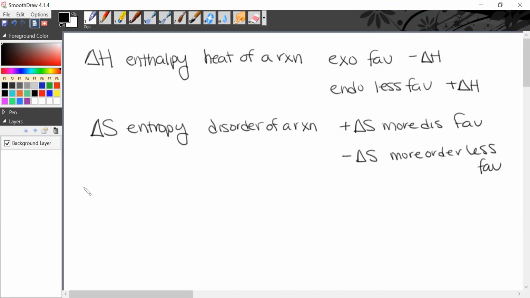The guy that figured that out was named Gibbs, and he came up with a new variable called Gibbs free energy.